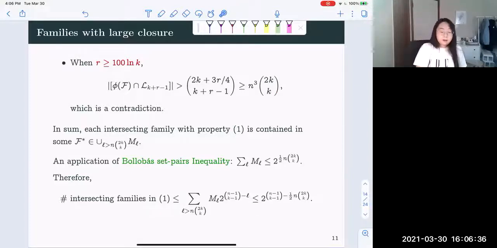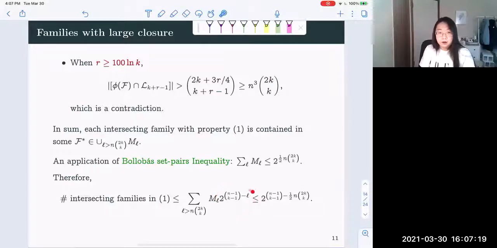Okay. So up to now, we have proved that each intersecting family with large closure is contained in some F star, which is in here. So L is sufficiently large, far from being extremal. And a very nice application of the Balogh-Bach set pair inequality shows that the number of maximal intersecting families is upper bounded by here. So when we put them together, we get the number of intersecting families with large closure is upper bounded by, so here we first just fix one maximal family, then the number of subfamilies is exactly this many.